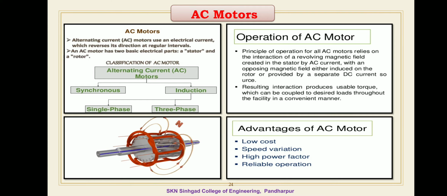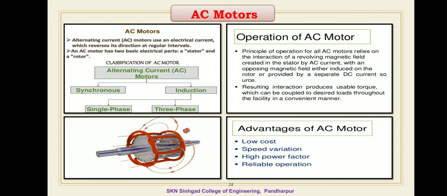This means when a current is supplied to the stator winding, it sets up a rotating magnetic field in the stator. This rotating magnetic field causes a magnetic field to be set up in the rotor also. The attraction and repulsion between the two magnetic fields causes the rotor to turn.